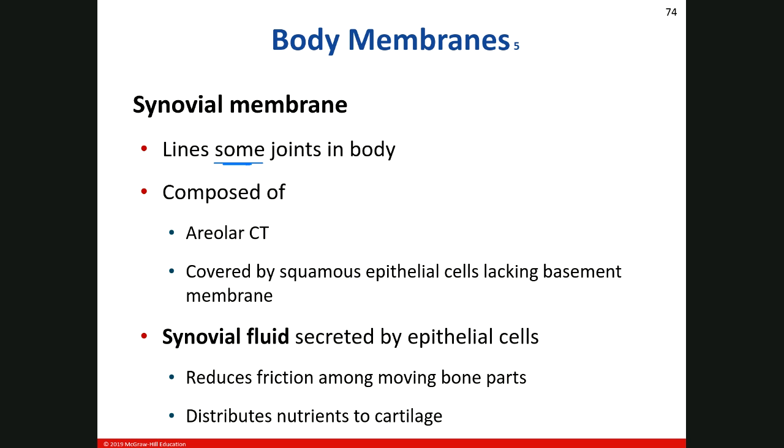This type of membrane is areolar connective tissue, a loose connective tissue, but it has squamous epithelial tissue there. A big thing is that it does not have a basement membrane. These cells produce synovial fluid, whose big functions are reducing friction, nourishing the joint, and acting as a shock absorber.